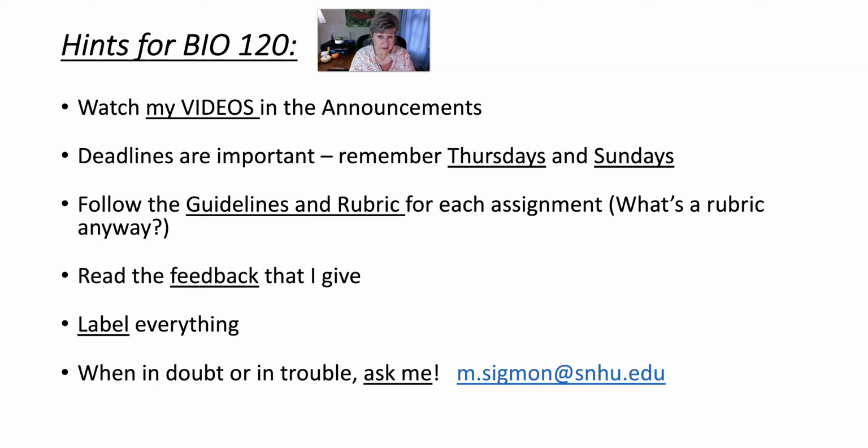There are these documents for every one of your assignments, guidelines and rubrics. So you need to look at these to know what I'm looking for and how I'm going to grade everything. They are posted along with your assignments right there. They're everywhere, and I will remind you of these as we go along to make sure that you do your assignments correctly.